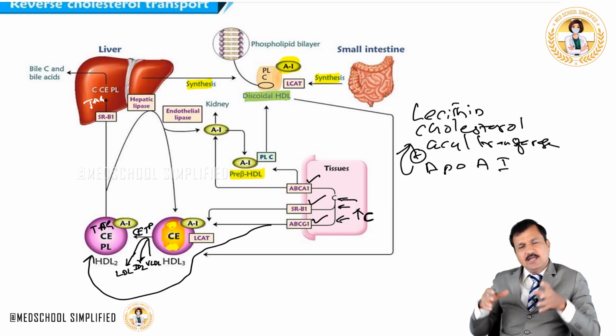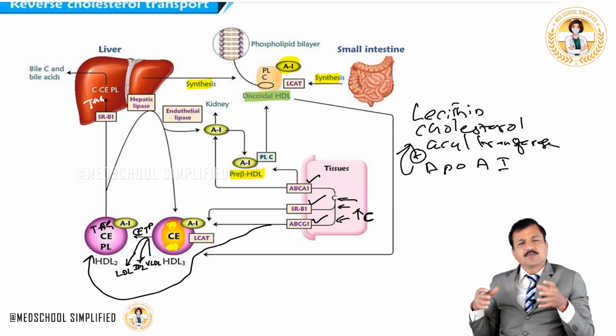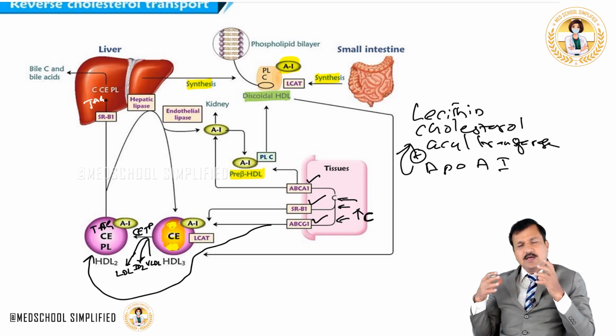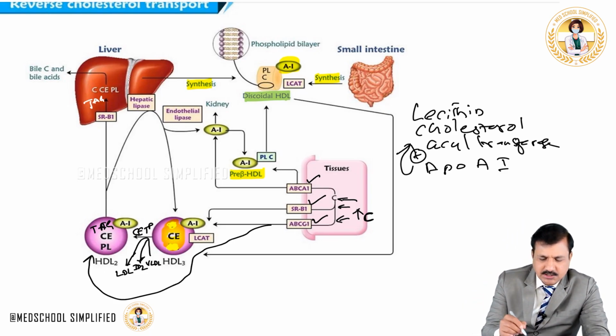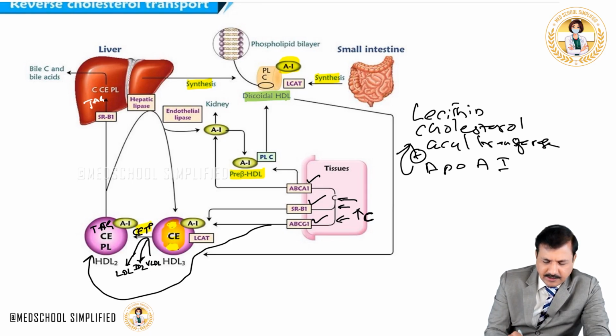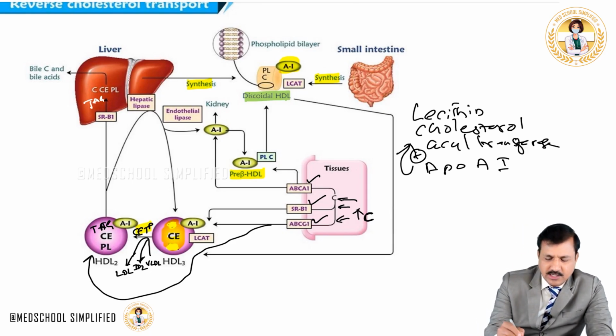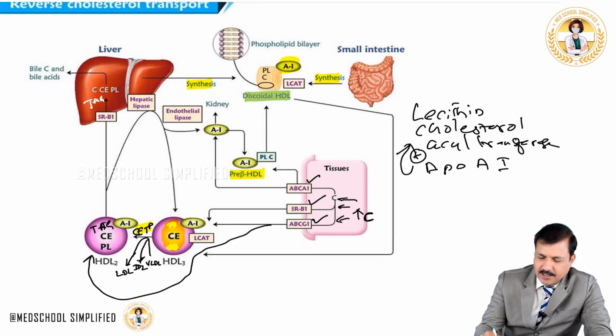We have HDL3. Now the cholesterol ester present in HDL3 is exchanged by an enzyme called cholesteryl ester transfer protein. Briefly, we have seen this enzyme in VLDL metabolism. What does this cholesteryl ester transfer protein do? That is CETP. Let me write it down here.